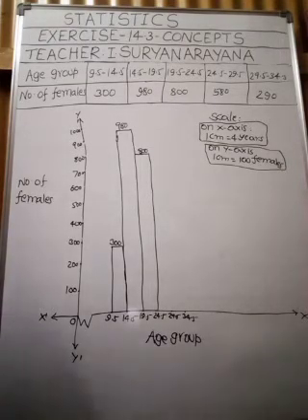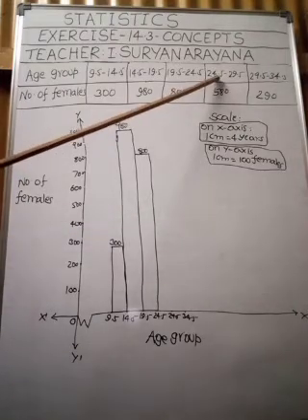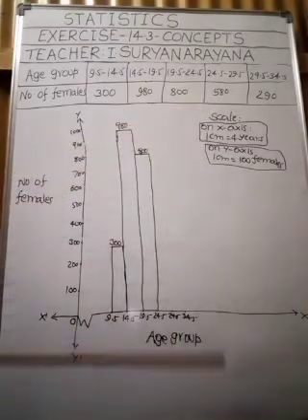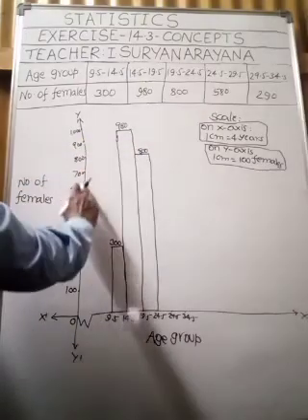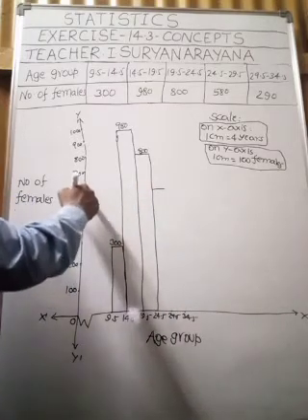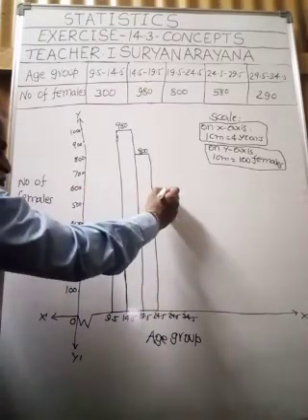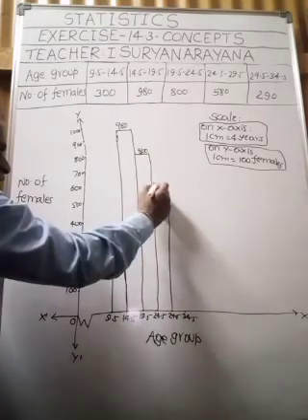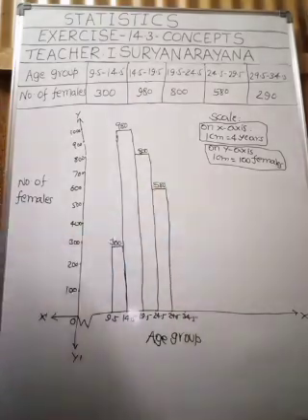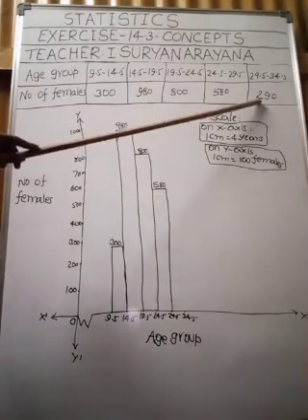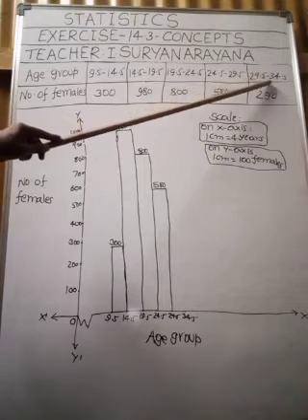Right. Now come to the fourth rectangle. 24.5 to 29.5. How many females? 580. So between 500 and 600, 5.8 on the scale. Understood this rectangle, my children? Next, the last class, 29.5 to 34.5.